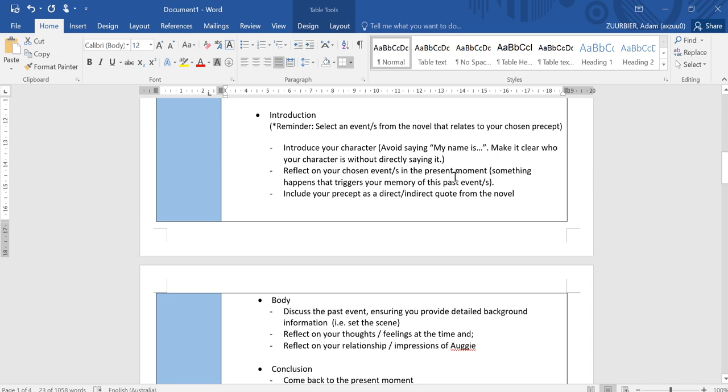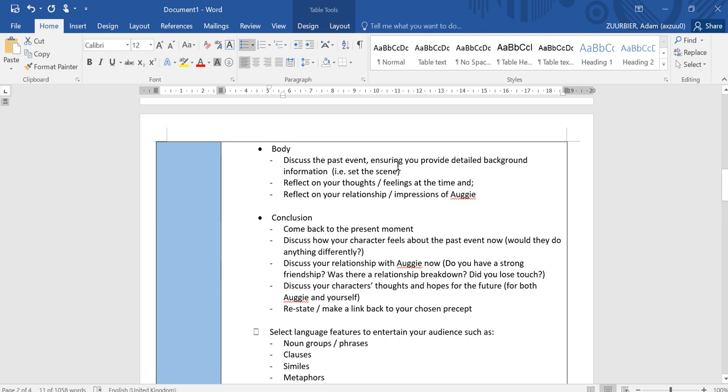Reflect on your chosen event in the present moment. You're writing about the event from the future. The character is looking back on something that happened. The precept needs to be in there. Remember we talked just before about how you use that precept as a motif, that anchor point. Keep referring back to it in the monologue.